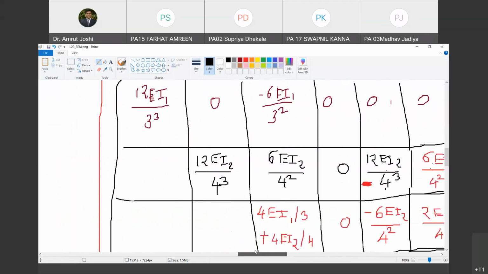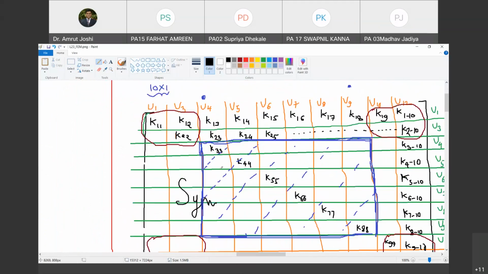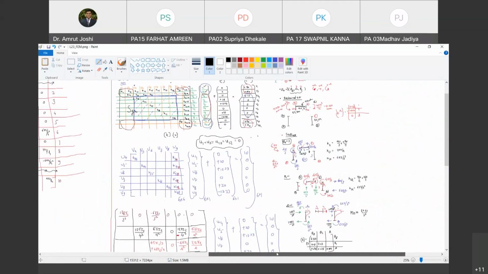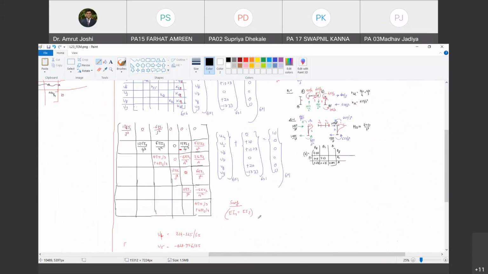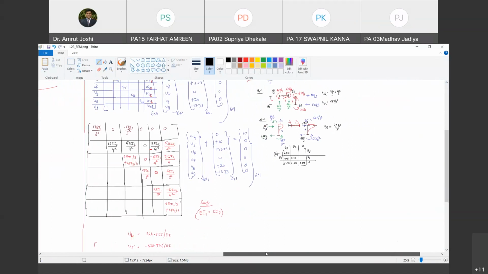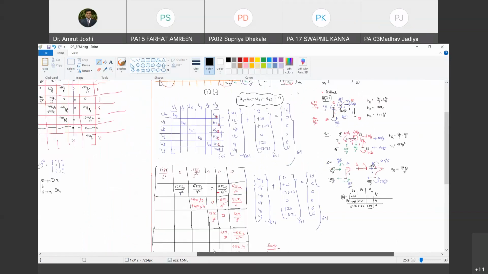Now let us look at this assembled stiffness matrix. Let us pay attention to the elements. Are you with me? Or let us do one thing. Let us first write down these matrices. Just give me a second. Which one was delta here, U8 or U6 or U7? What was it?